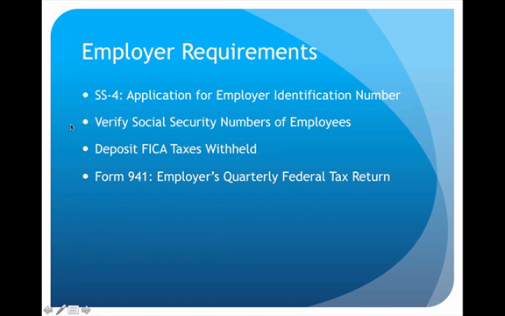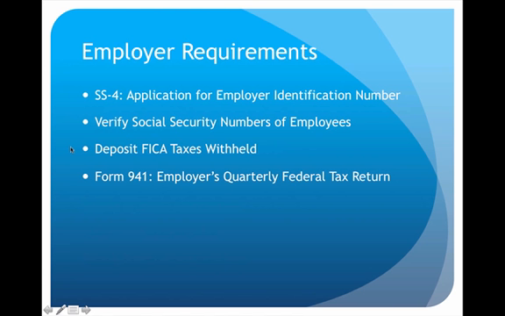The next requirement is that every time we hire a new employee, as part of that process, we have to verify their Social Security number. So we cannot necessarily take the Social Security number that they have given us for granted, because there are many things that happen. There's identity theft and all sorts of things that happen. So we have to call the Social Security Administration and verify that the person is in fact who they claim to be.